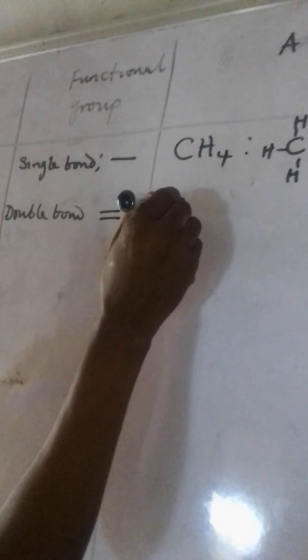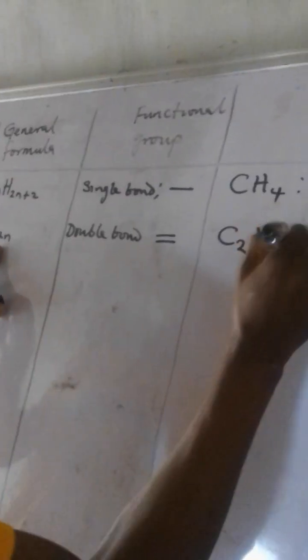Member of alkene. You can't say that an alkene will contain 1 carbon. No. Remember, a double bond must exist between two carbon atoms. So the first member of alkene must contain two carbon atoms, C2. H2n in here means 2 times 2, which is 4, C2H4.